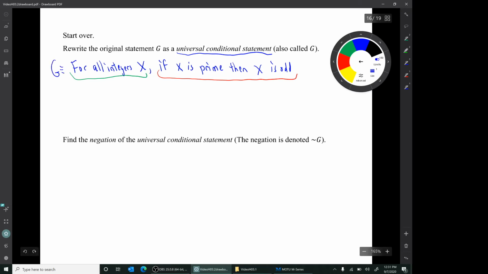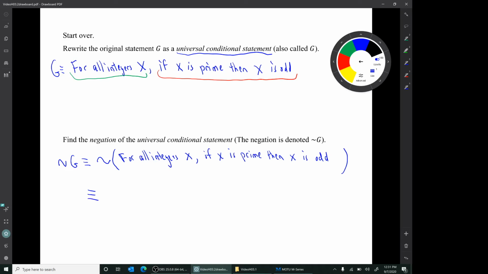So the negation of G would be, so here we get to one of these points where we're going to move the negation symbol one notch to the right, so it goes past that quantifier. That turns the quantifier into an existential quantifier. Here we have a universal quantifier. When I move that negation symbol past it, it's going to become an existential quantifier.